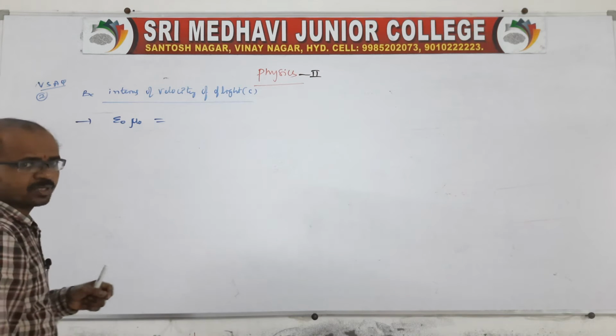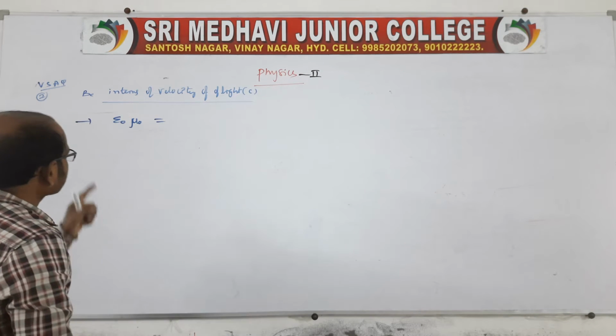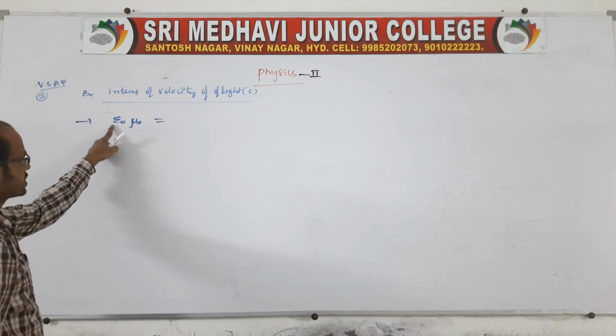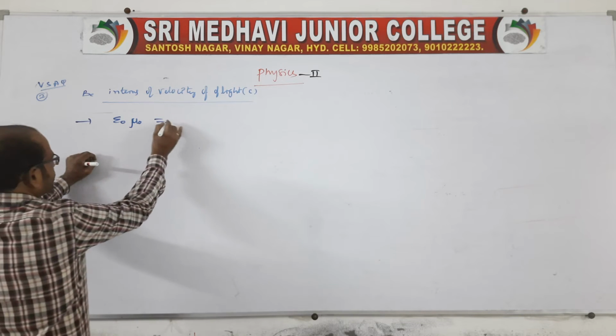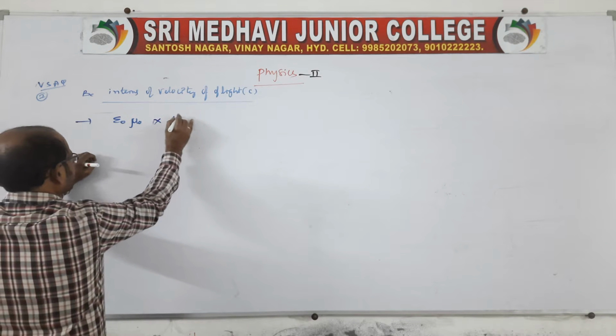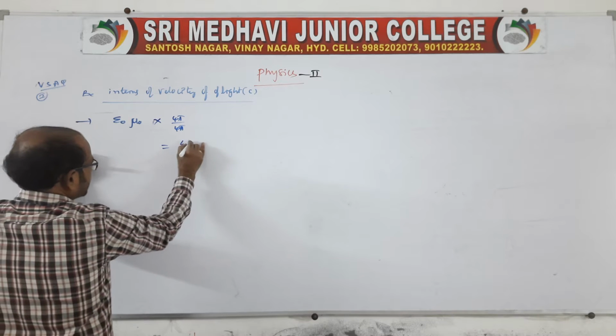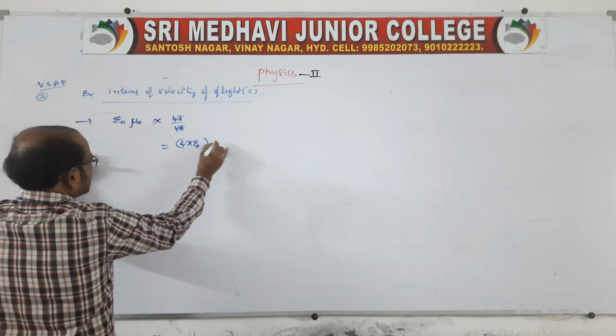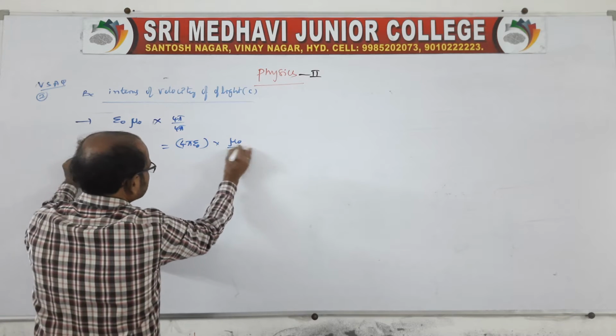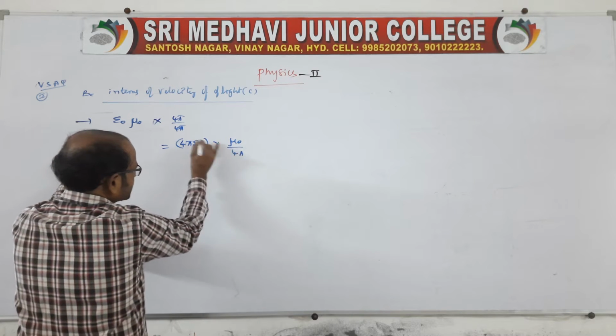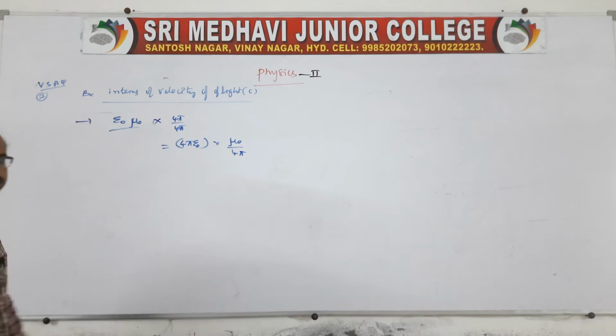For this, multiply and divide by 4 pi, so that we get 4 pi epsilon naught into mu naught by 4 pi. If I cancel this, we get the same expression.